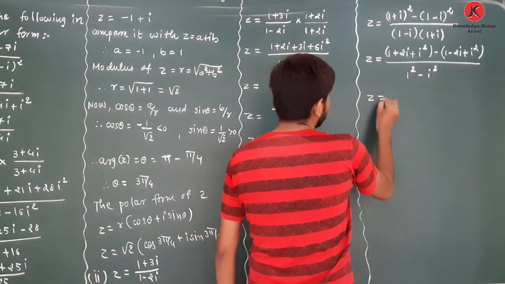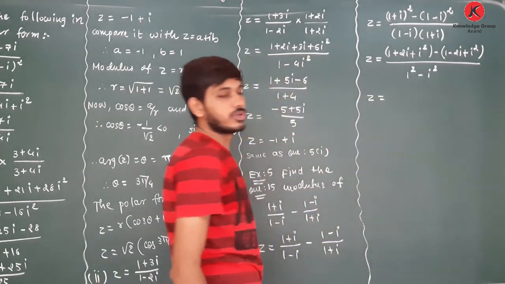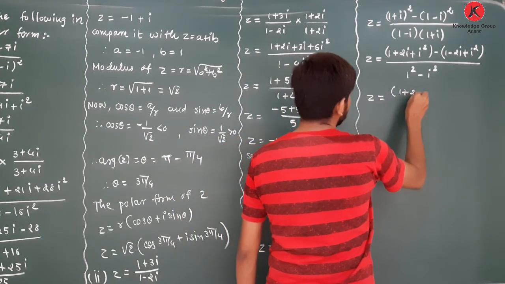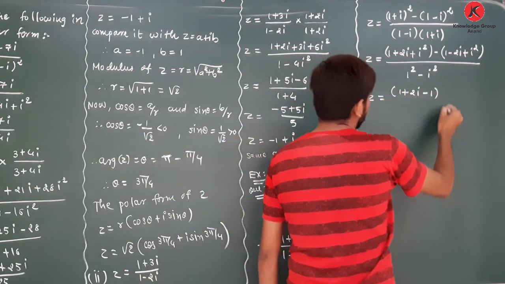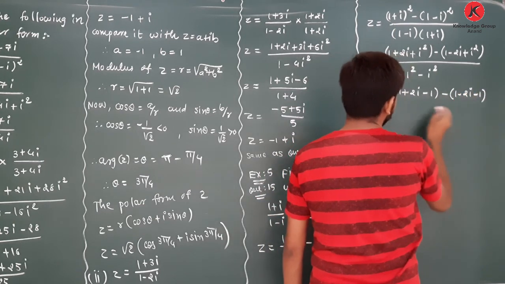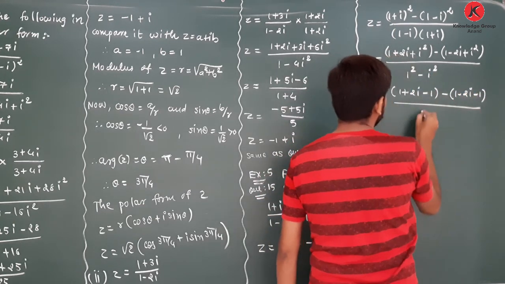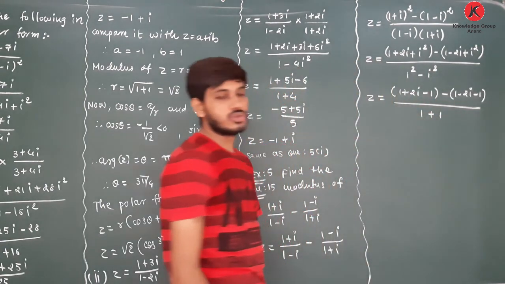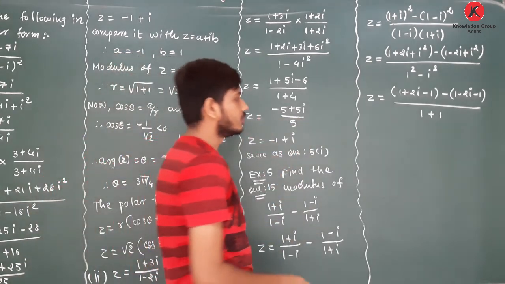Simplify by putting the value of i square equals minus 1. We are getting 1 plus 2i minus 1, minus 1 minus 2i minus 1, divided by 1, i square is minus 1, minus into minus 1 is plus 1.